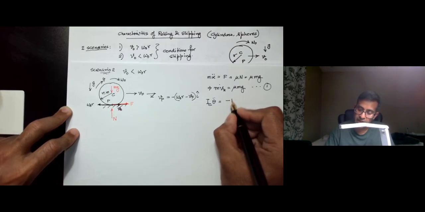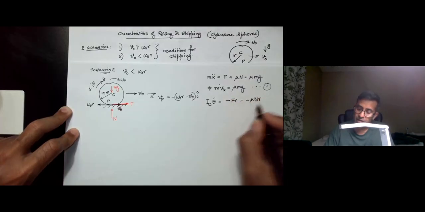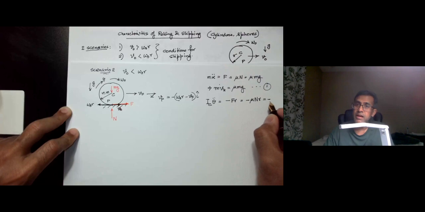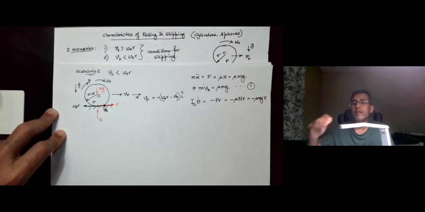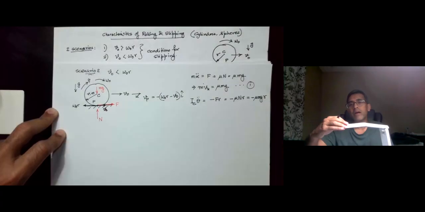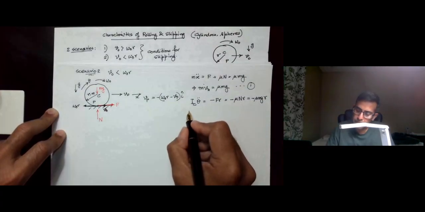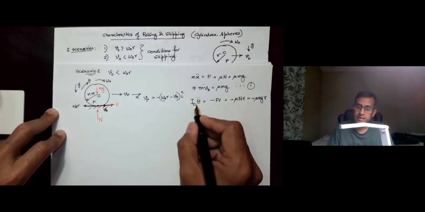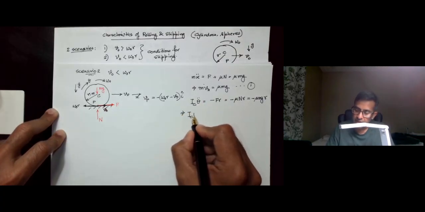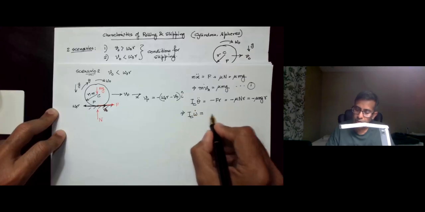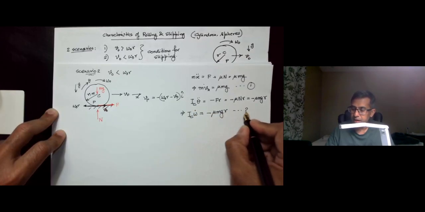So we have minus F r, so minus mu N r, which is equal to minus mu mg r. If I express theta double dot as omega dot, then I have I_C omega dot is equal to negative mu mg r. So that is equation 2.